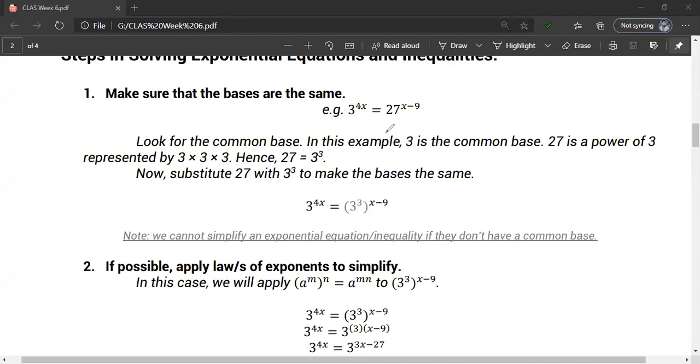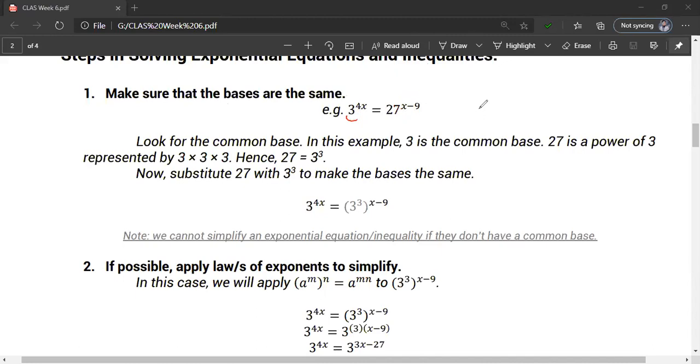So dito naman po, since 3 ang base natin, ang 27 natin is not a common base. Si 3 is not 27 and 27 is not 3. Pero there is a way of transforming 27 to 3. So 27 indeed is a power of 3.